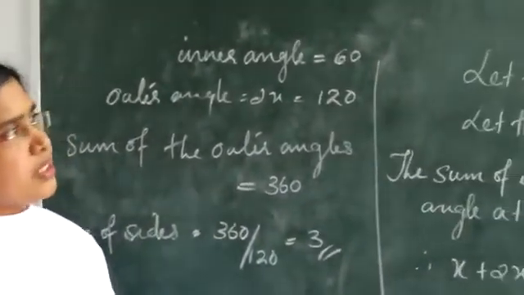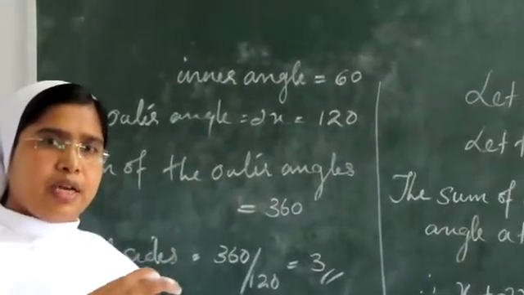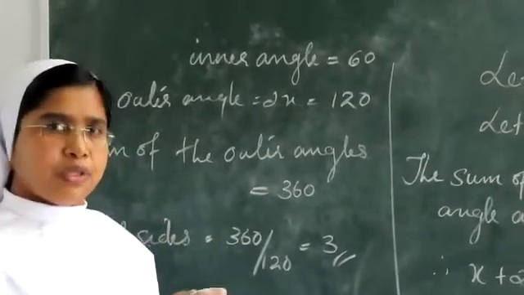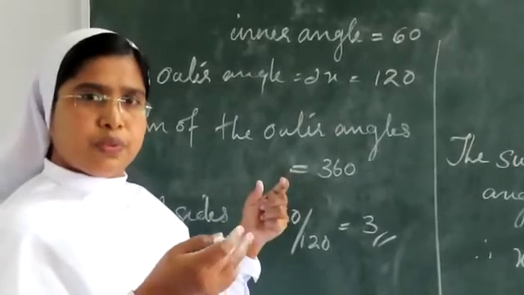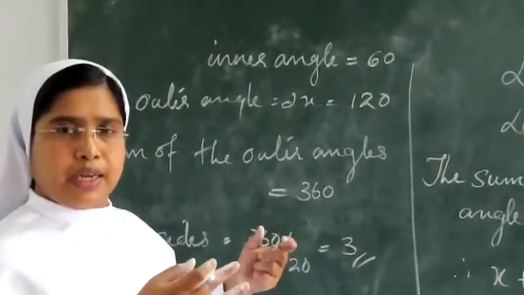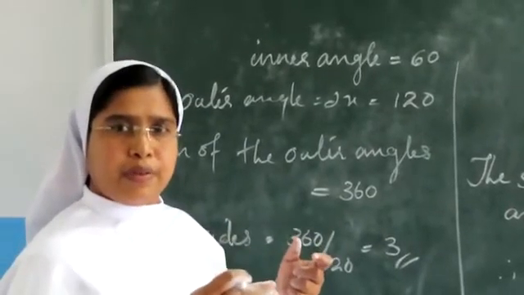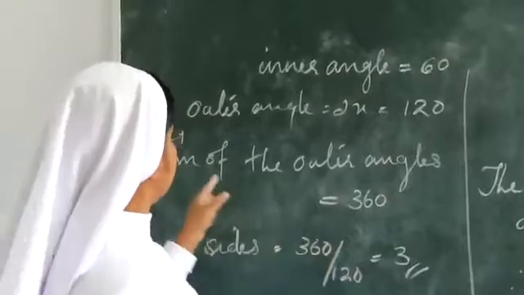The second one was, how many sides does it have? The number of sides inside and outside in a polygon will be the same. As the number of sides changes, the sum of the inner angles will be different, but the sides are the same.